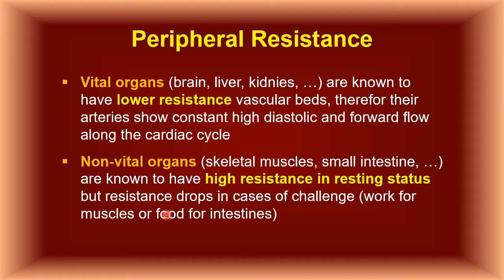But this lower resistance status is not the natural or permanent condition. It's occasional, when these organs are put in a challenge or a work demand. Another example: the intestine, you are not eating all the time. When you eat, the intestine will start to function, and then the arterioles will open, receiving more blood, and the resistance will drop.